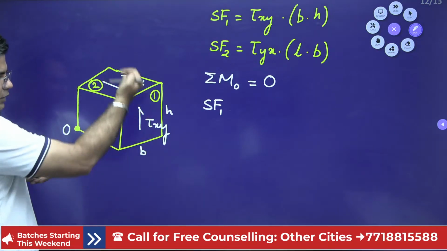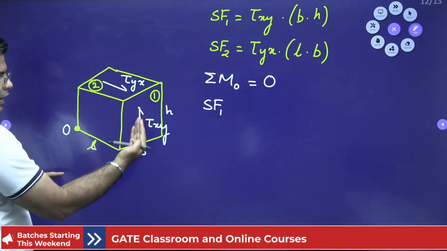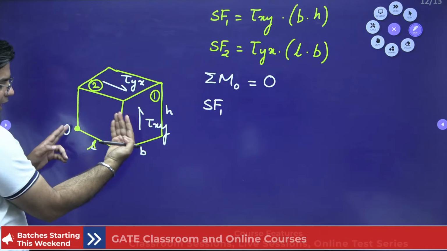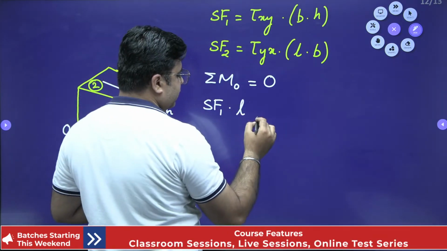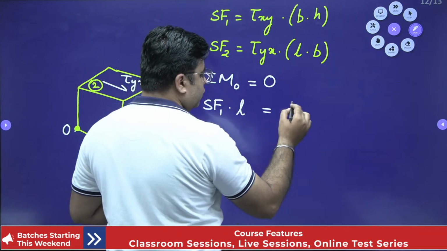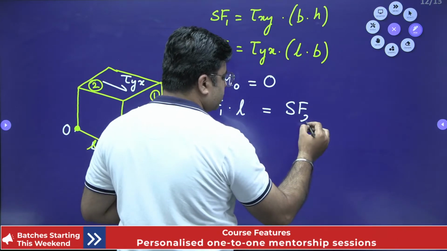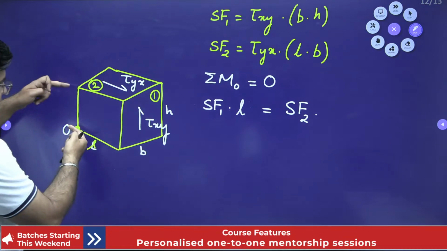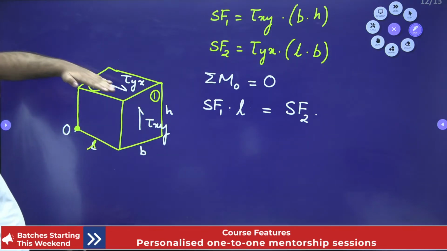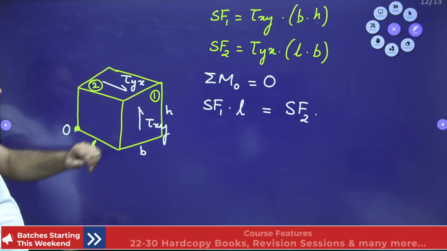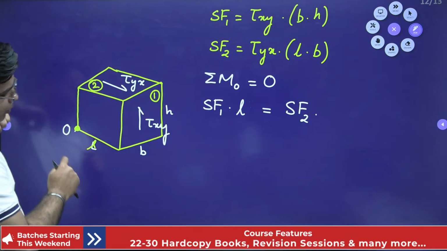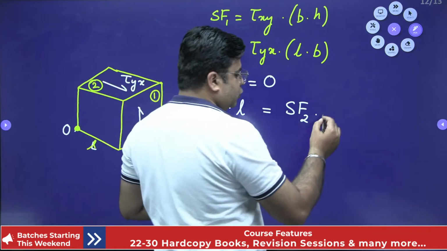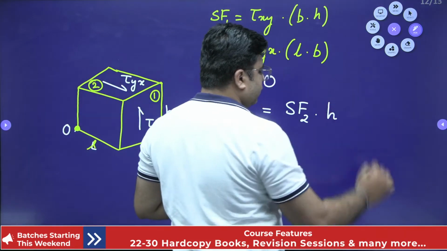This shear force is acting in this direction and this force is L length away from this point O. So shear force 1 into L should be equal to shear force 2 into this height H, because this shear force will be acting along this plane, right? So this shear force is this height above this point. So moment due to shear force 2 will be SF2 into H.